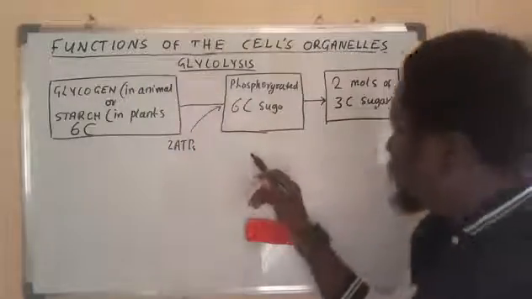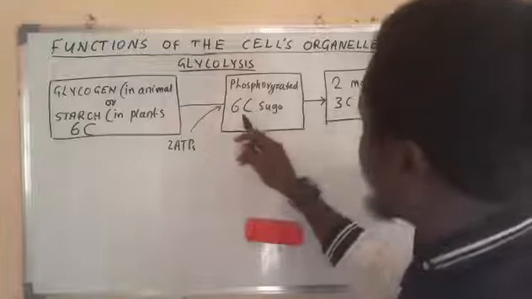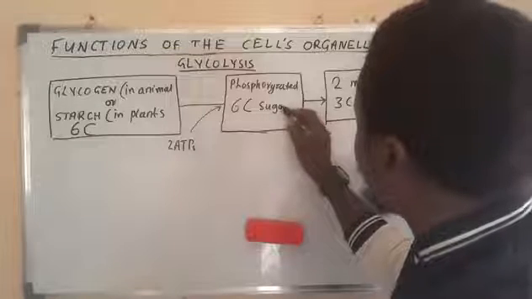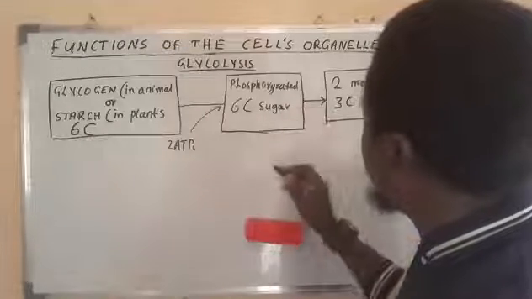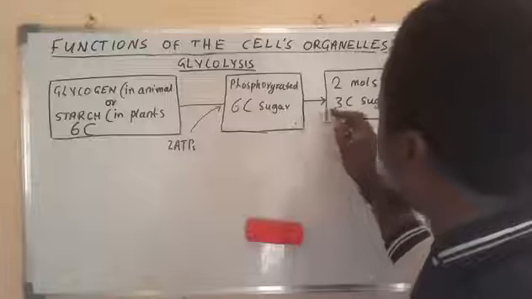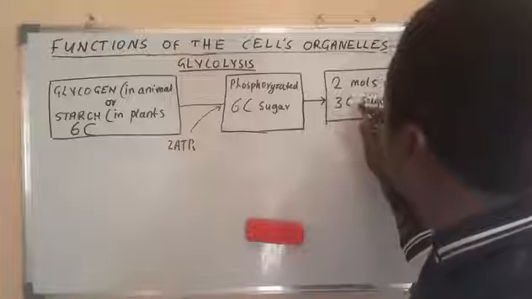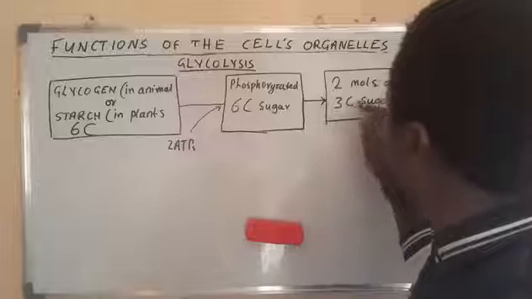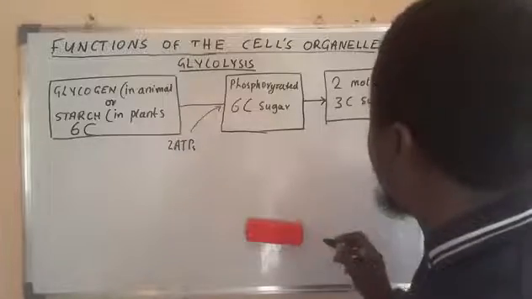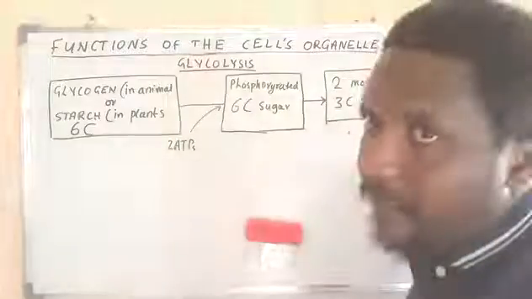Remember that there were six-carbon compounds, and when they are broken down into two, each compound will become a 3-carbon compound. That is 3-carbon sugar.